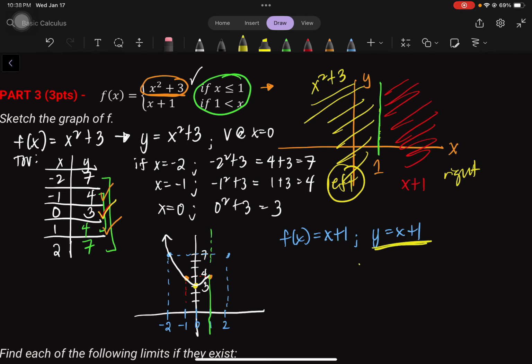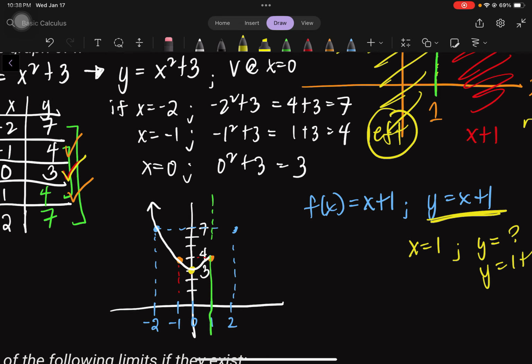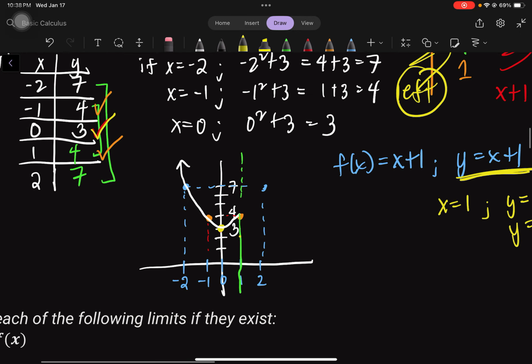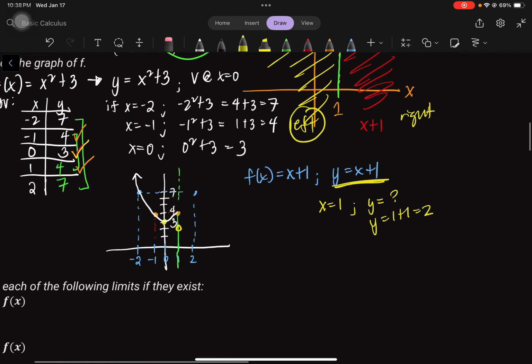Kapag ang x daw ay equal kay 1, ano magiging y? So, y is equal to 1 plus 1 equal kay 2. Nandito na yung susunod. However, tignan na natin yung equation natin. Not equal, so bibilugan na lang natin. Next. Kapag ang x natin ay 2, ano ang y? So, y is equal to 2 plus 1 equal kay 3.